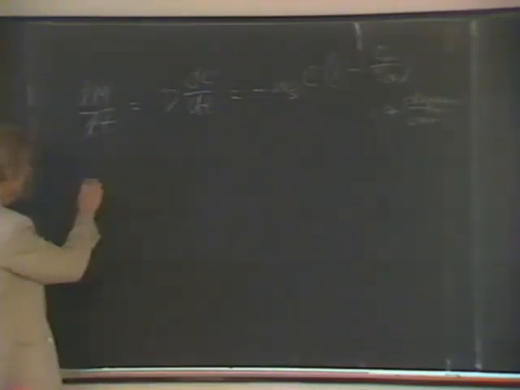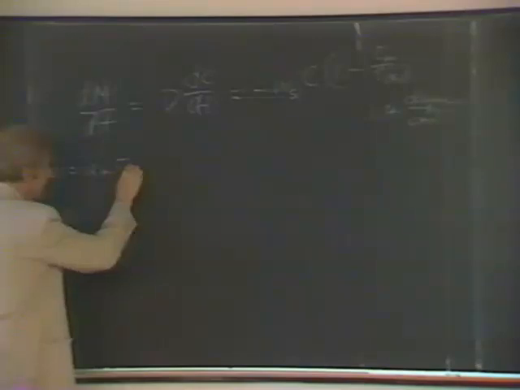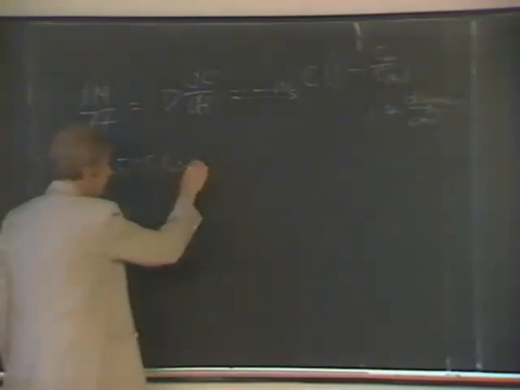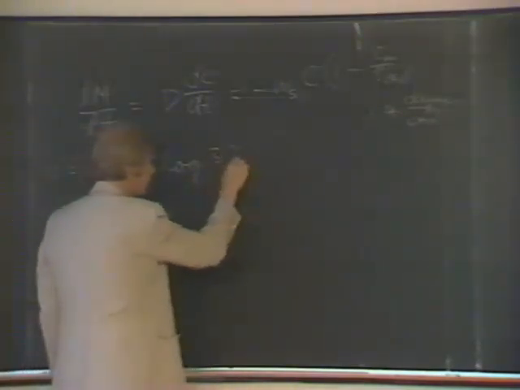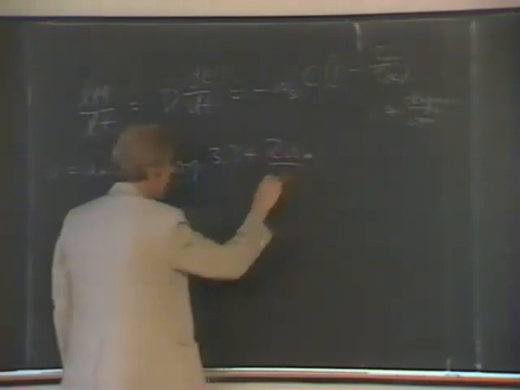the second step was to calculate the shear stress from U over U star. Well, let's make it this way. U equals U star times 5.75 log of 3.34 R U star over nu.